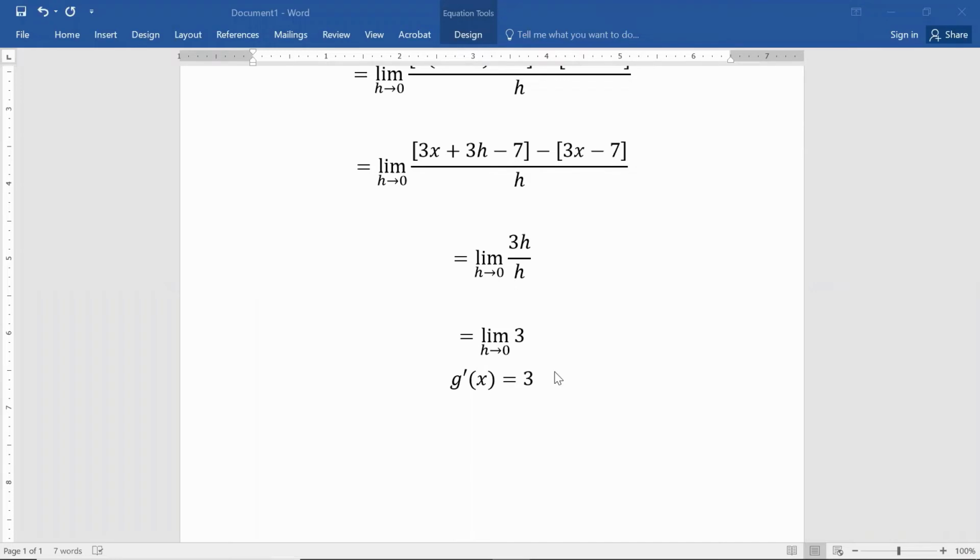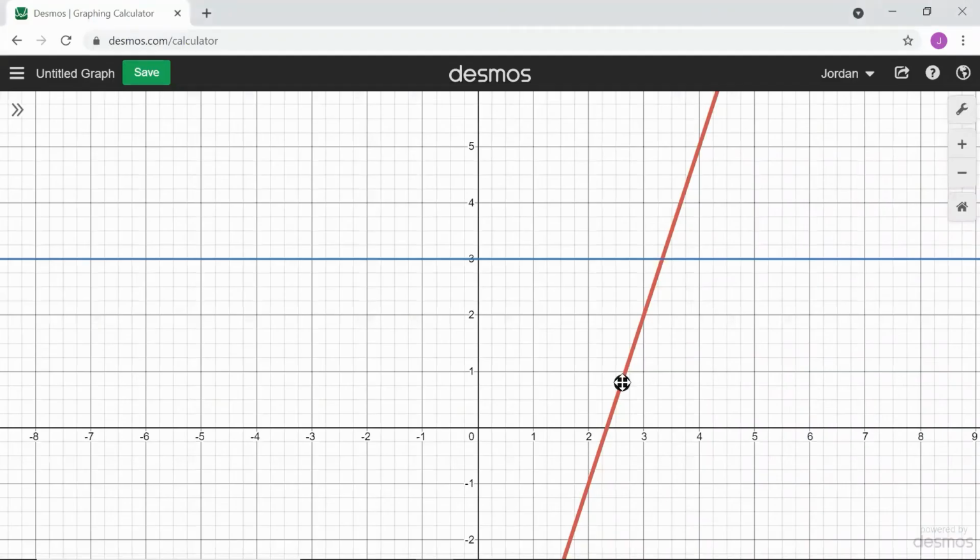Let's go ahead and graph that. Not just the derivative, but also the original function. I have graphed both the line g of x equals 3x minus 7 and also the g prime of x equal to 3. And if you think about moving a point along our function, what is the slope at every single point?